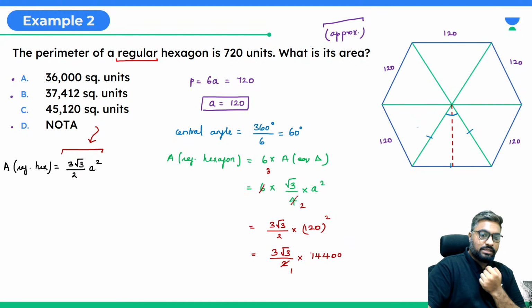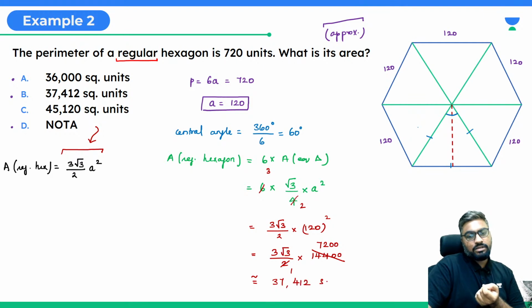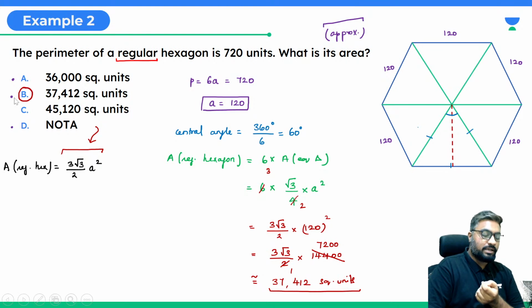This is ones, this is 7,200 times, so our answer will be what? 3 into 7,200 into √3. If you put this in a calculator, you get approximately 37,412 square units. Good? Approximated answer was asked, which is option B.